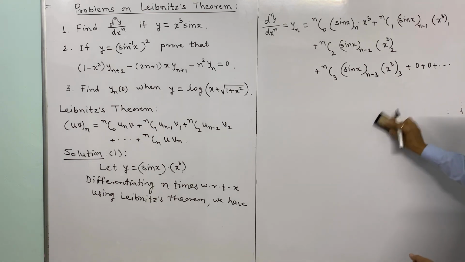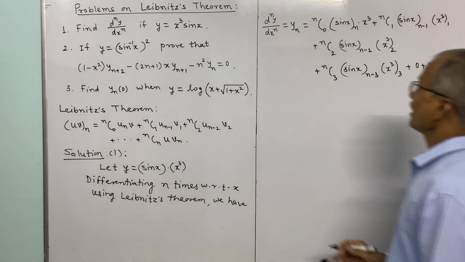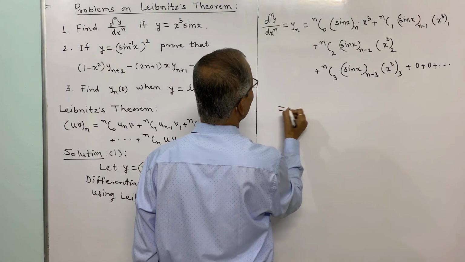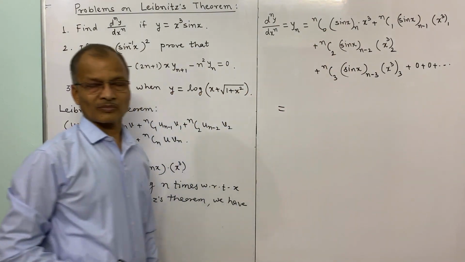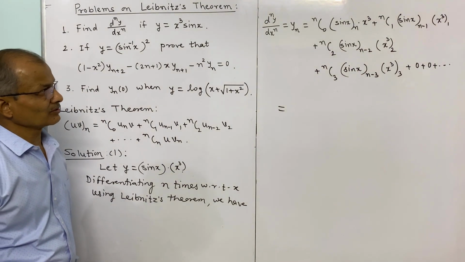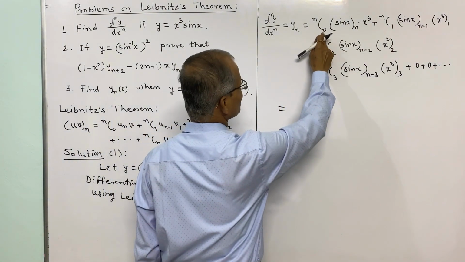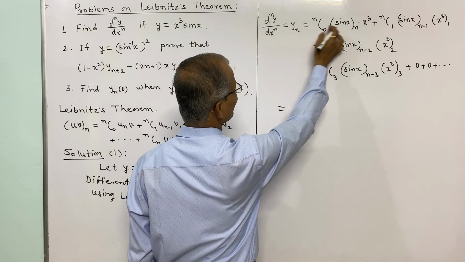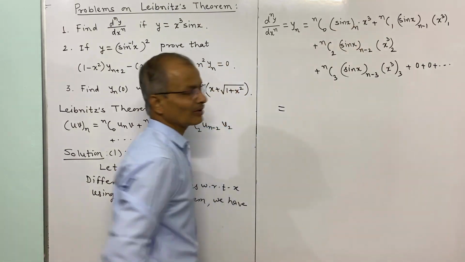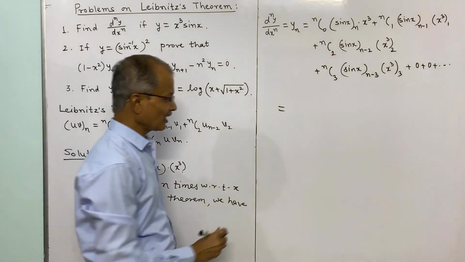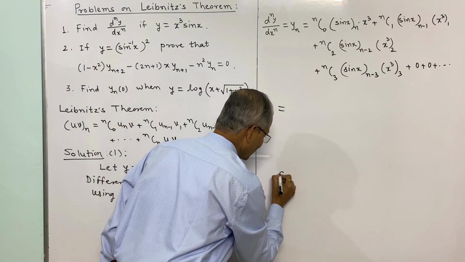And thus we have applied the Leibniz theorem, which is equal to, now we write the binomial coefficients and the derivatives of each function. N choose 0 is 1, so no need to write this. And what is the nth derivative of sin x? There is a formula for the nth derivative of sin x.